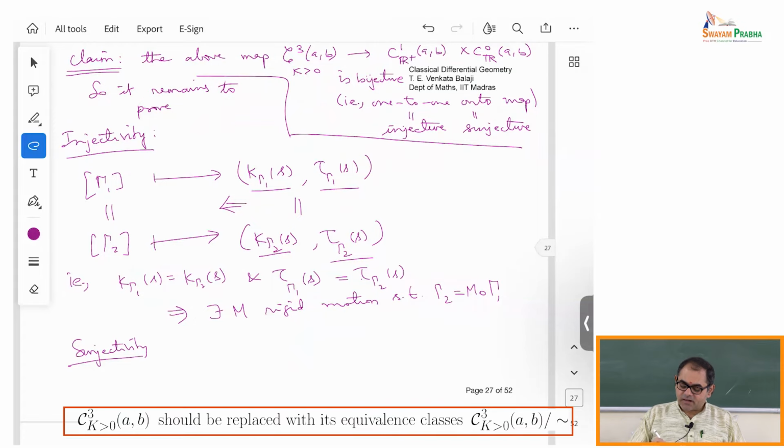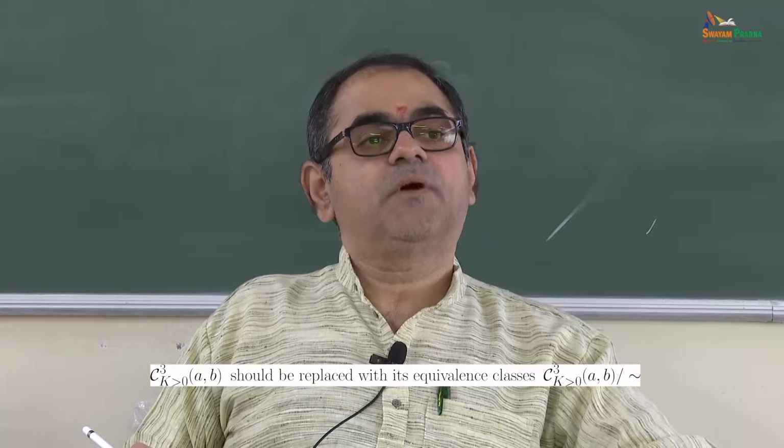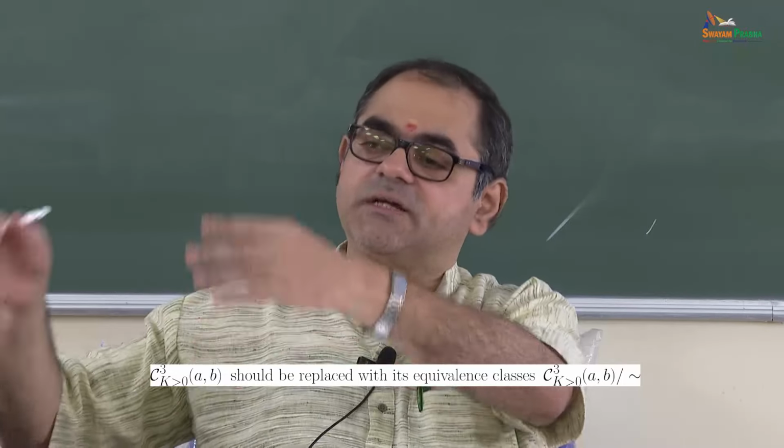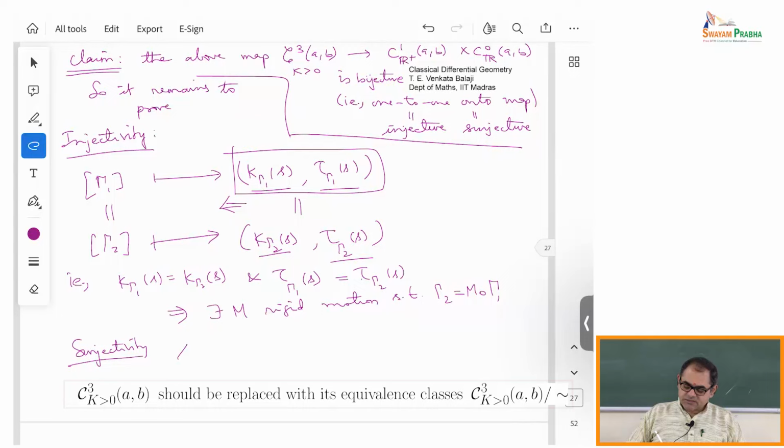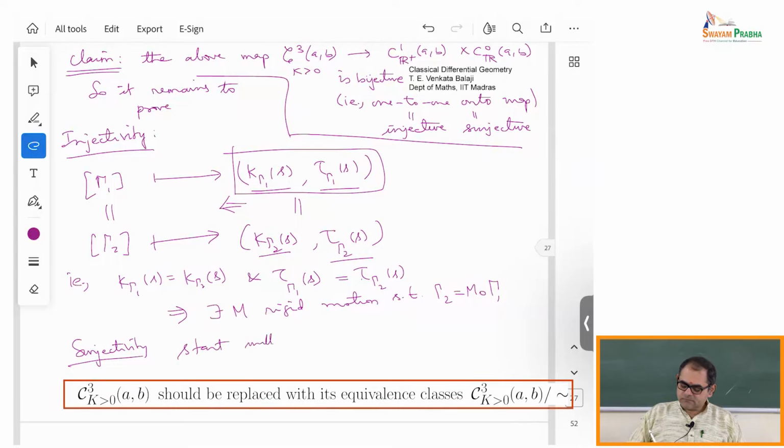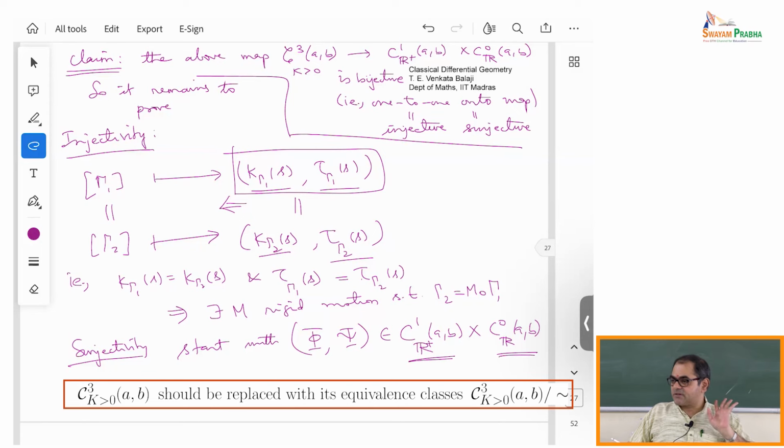What is surjectivity? The surjectivity is you start with a pair of functions on the right side. You have to find the curve gamma on the left side, for which these two functions are the respective curvature and torsion functions. So start with capital phi, capital psi belonging to the right side, which is C1 R plus AB cross C0 R AB. What does it mean? Phi is a continuously differentiable positive real valued function on AB, and psi is just a real valued continuous function on AB.